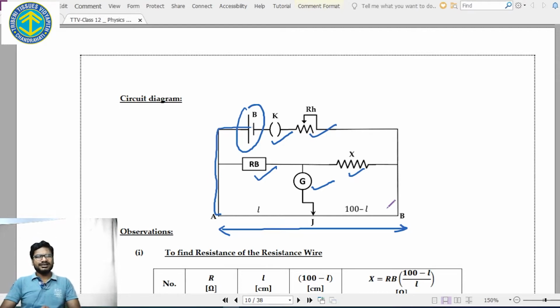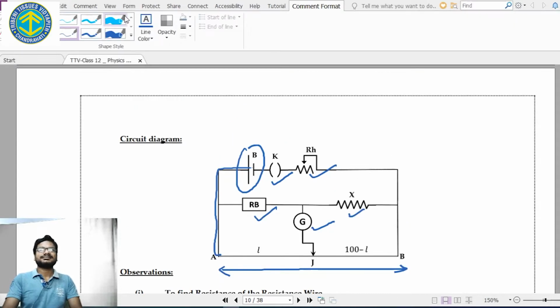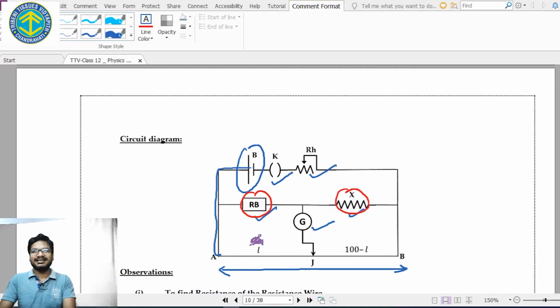Now the question is, on which principle does the meter bridge work? The meter bridge works on the principle of Wheatstone bridge, as we know. First of all, this RB and this unknown resistance X and this L and this 100 minus L, these four resistances make one Wheatstone bridge.